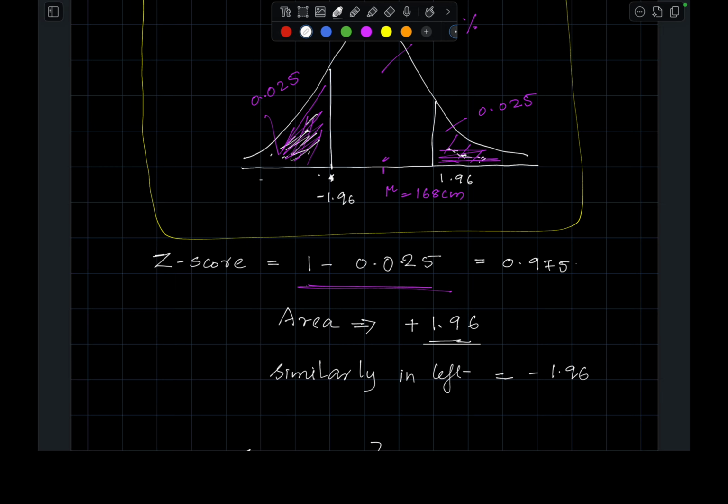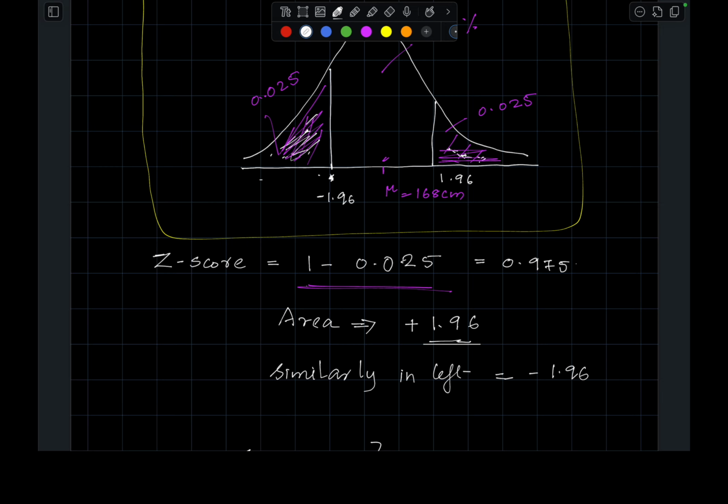If we are looking into the z table and checking the area, we will have the option of whether we are doing a one-tailed test or a two-tailed test. I should have mentioned that earlier. Since we are doing a two-tailed test, when we calculate the z value, we will check the area for a two-tailed test with the z value corresponding to 0.025. We will get one particular value as area.